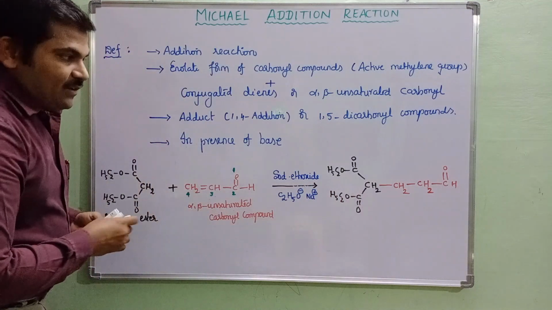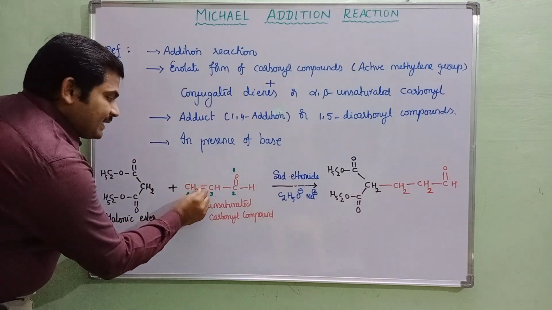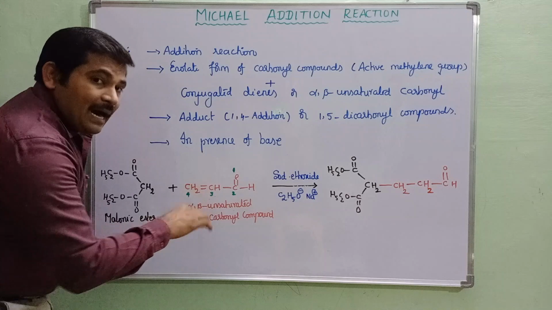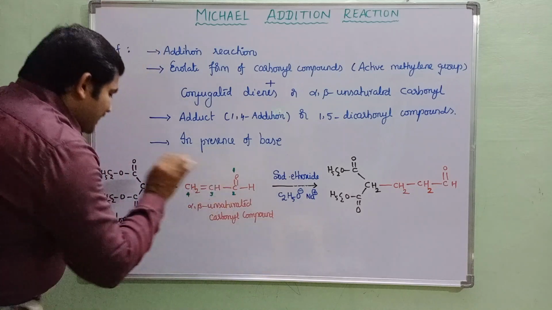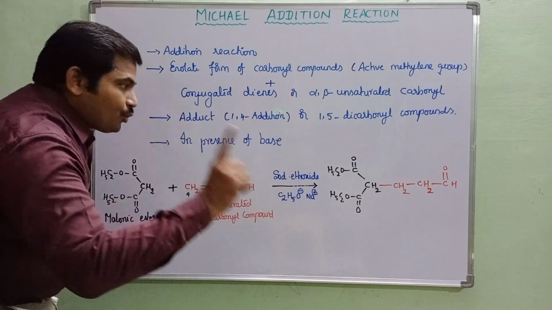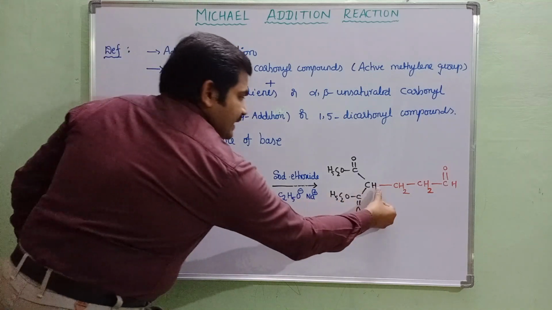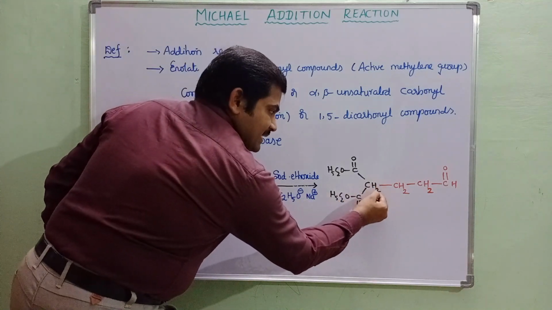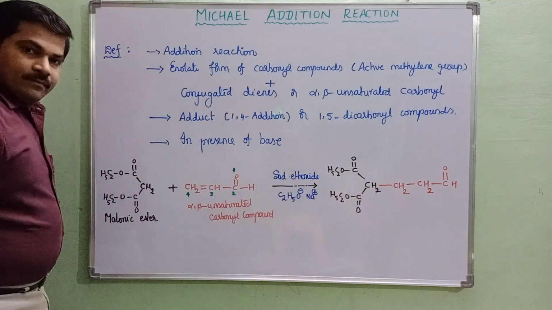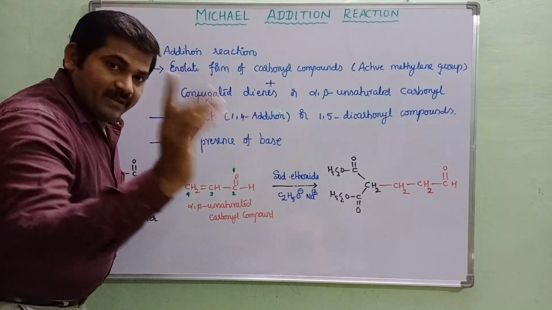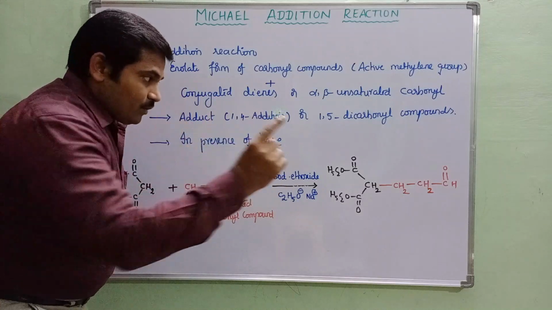So, the double bond undergoes addition reaction. In this particular case, you have to identify that here one additional hydrogen is there. Of course, you have found one mistake there.